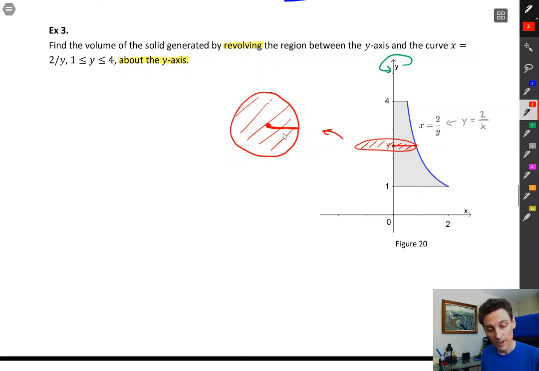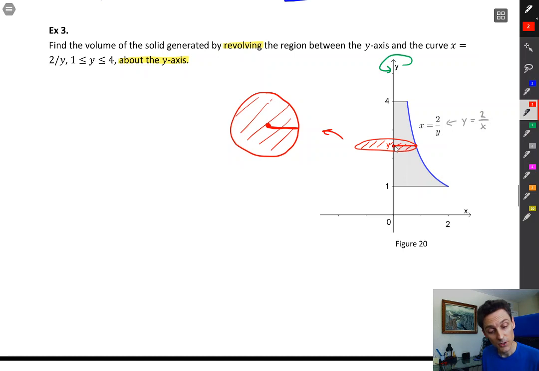So we're going to want to figure out what the radius of this circular cross section is as a function of y rather than x. So if we're looking at the cross section at a y value of just y, then what would a formula be to get the radius of that circular cross section?